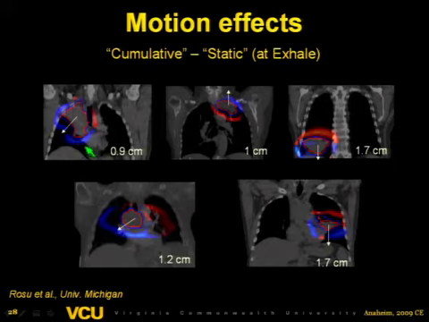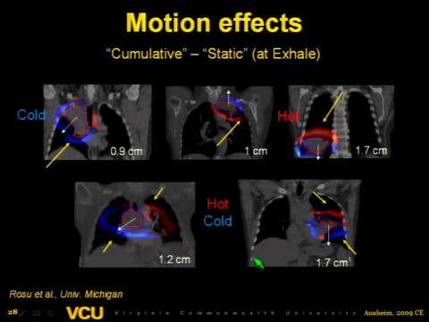Now, what is important to notice here is that the cold and the hot spots, as they are usually called, in some scenarios, just either the cold spot or the hot spot falls inside the normal lung. Whereas for the examples shown here in the bottom row, you can see that both the hot and the cold spots fall inside the same lung.